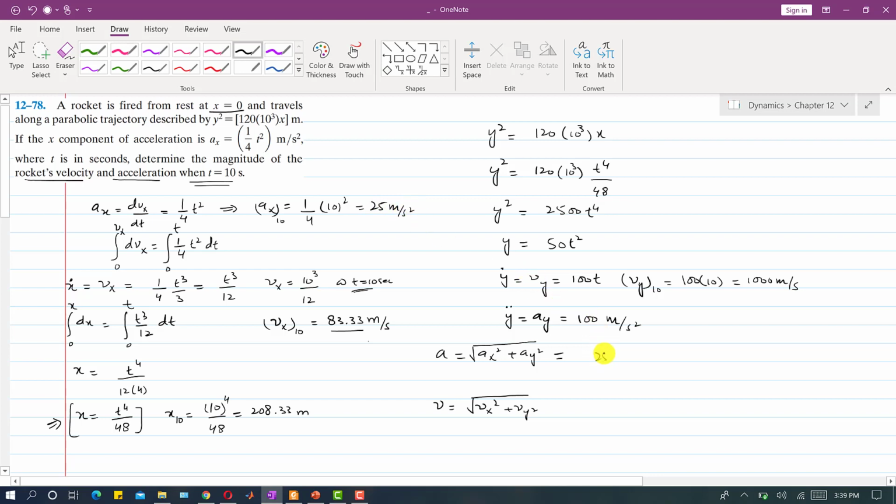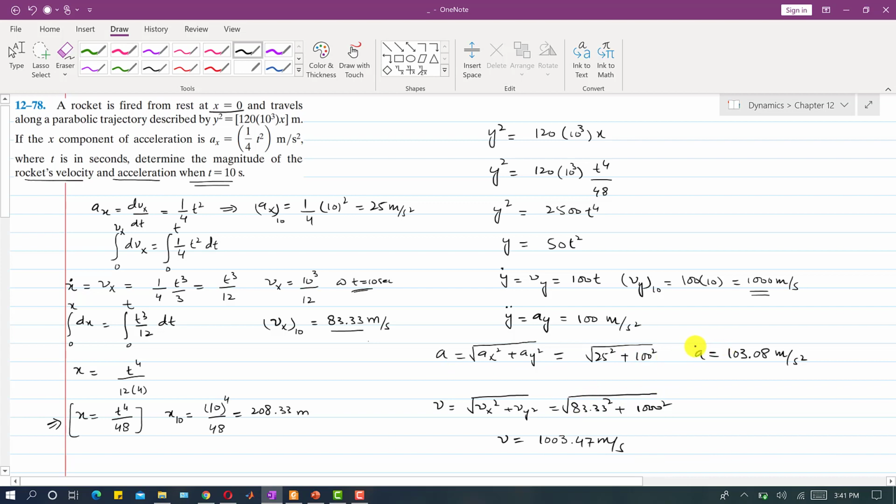So ax is 25 and ay is 100. Similarly vx is 83.33 squared plus vy is 1000 squared, and we take the square root.